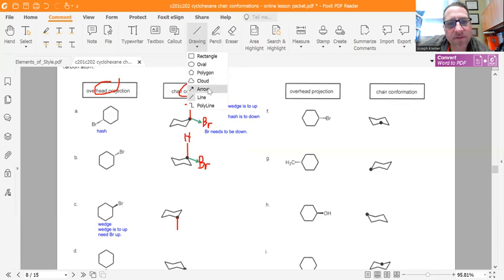If the axial points down, the equatorial points partly up. Please connect that to the vertex. I'm trying. I think I'll have to try again. That's a lot better. Thank you. I will now pencil in bromine up, partly at least, and hydrogen down.